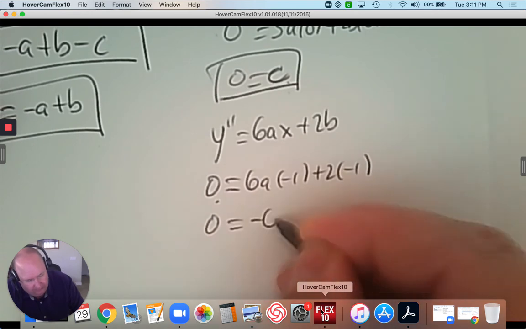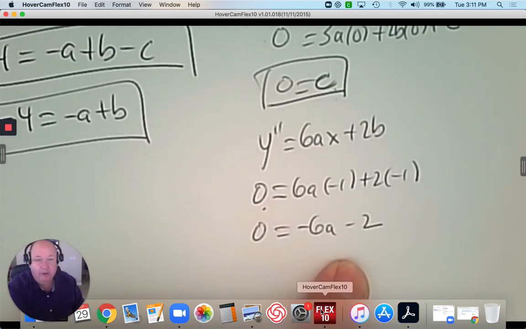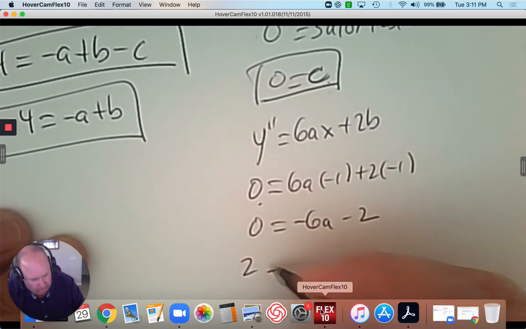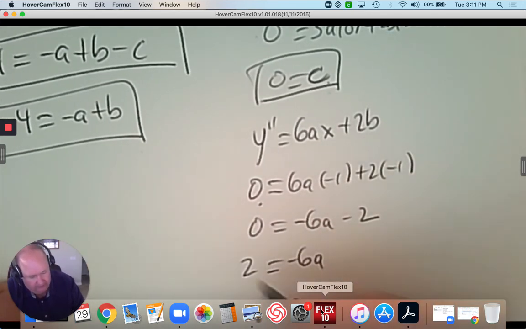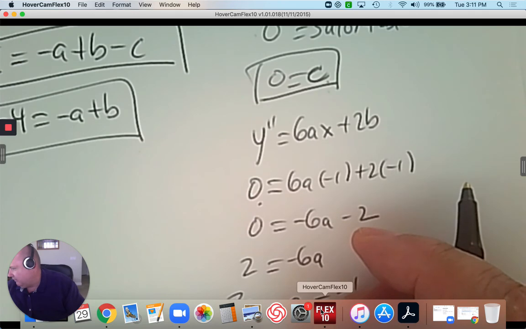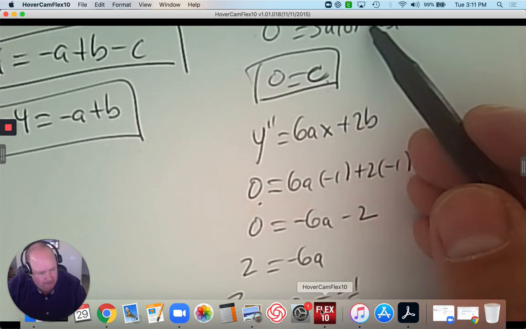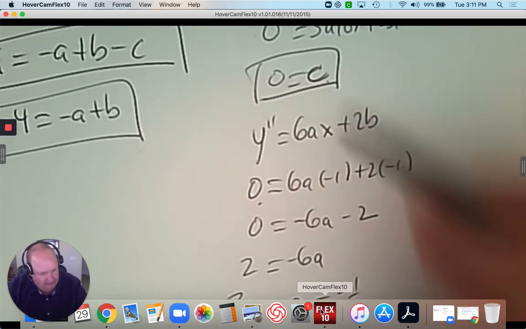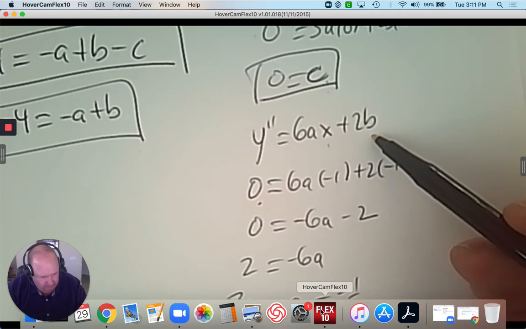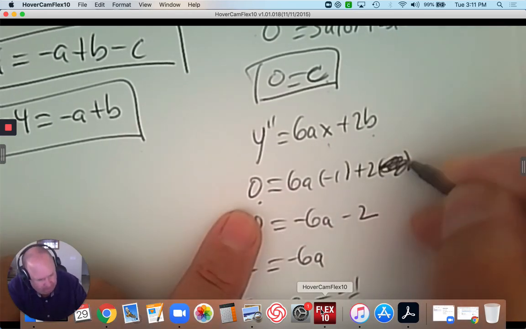So I have -6a minus 2. So now I can solve for a. So add 2 to the other side. Divide. So you get a is equal to -1/3. Let me make sure I did that one right. What did I do wrong here? 6ax plus 2b, plug in, there's no x to plug in there.